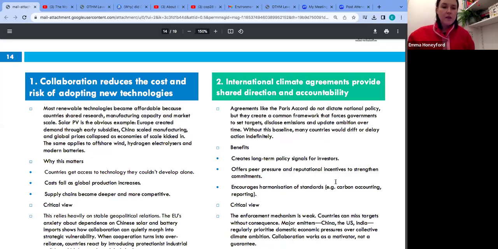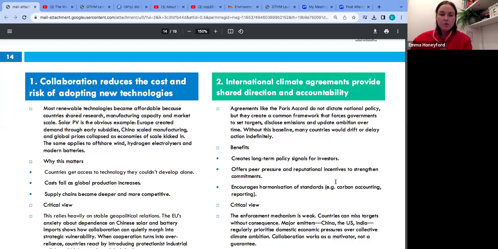Solar PV is the obvious example. Europe created demand through early subsidies, and then China scaled manufacturing. You can see that different parts of the globe have a different role to play, and global prices collapsed as economies of scale kicked in. The same applies for offshore wind, hydrogen and modern batteries.